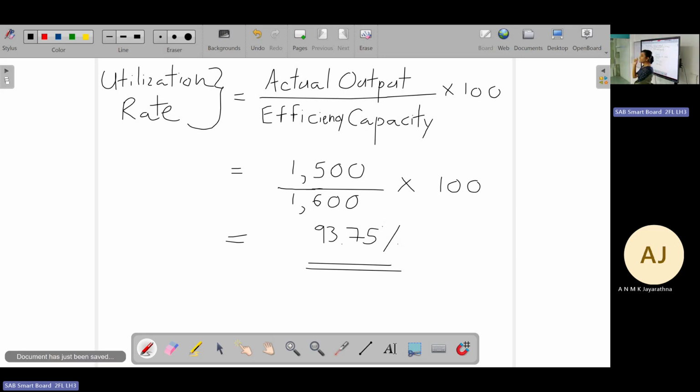The utilization rate today is 93.75%. Right?